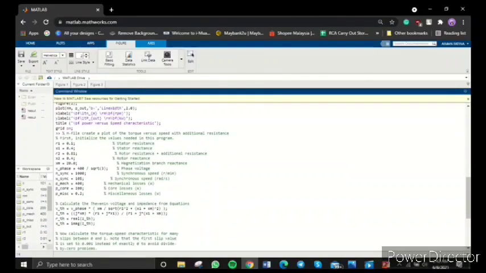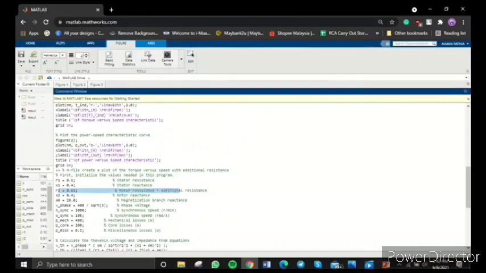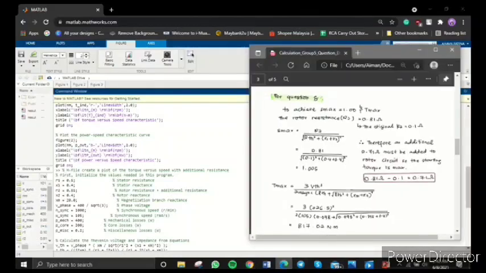Okay, we move on to the code for G. Actually it's all the same, except for this one. We change the resistor to 0.8 because we want the Tmax to occur at starting. So for that we need Smax equal to 1.